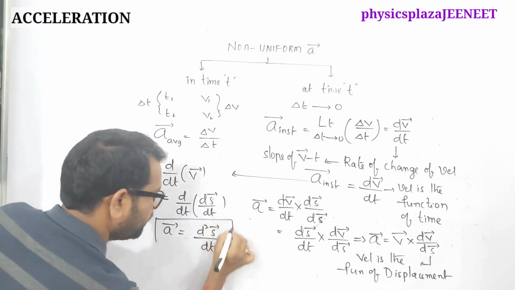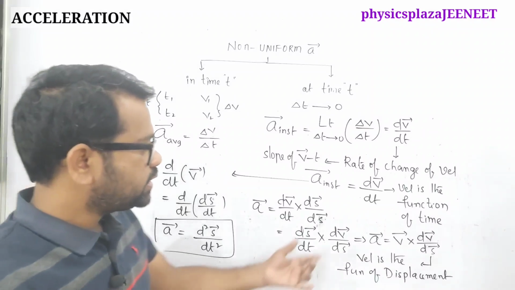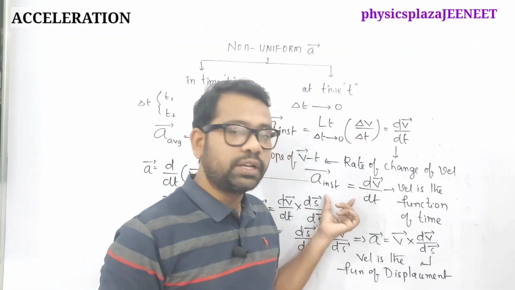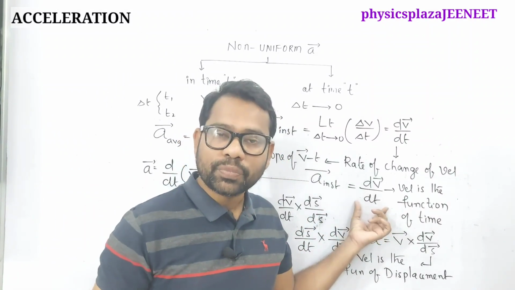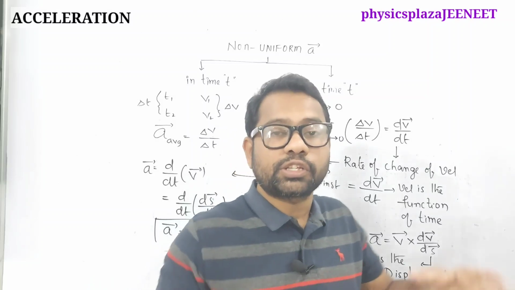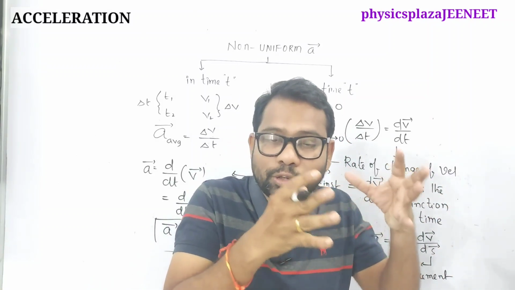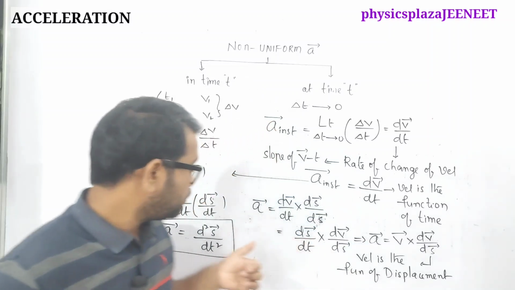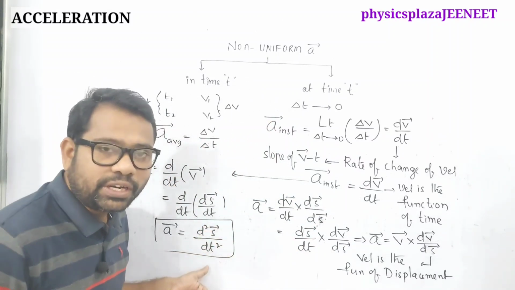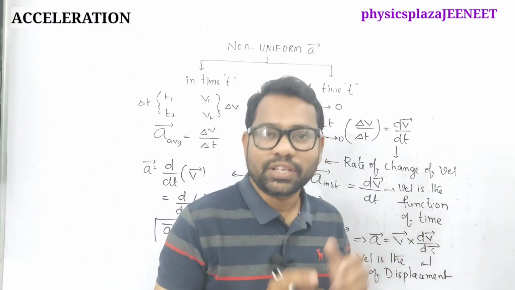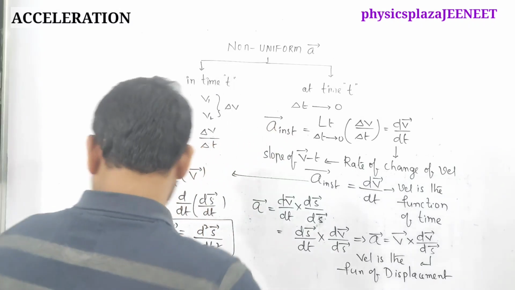Very, very important. If a velocity is given and they ask you to calculate the acceleration, just differentiate once. But if a displacement is given and they ask you to calculate the acceleration, first differentiate the given displacement to get the velocity. Then differentiate one more time to get the acceleration. Okay? Chalo, copy this.